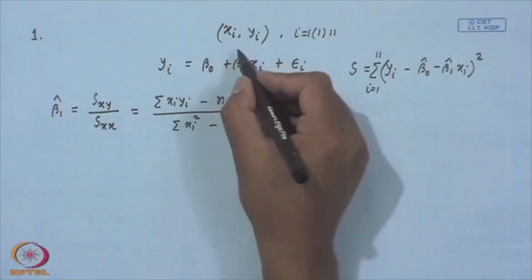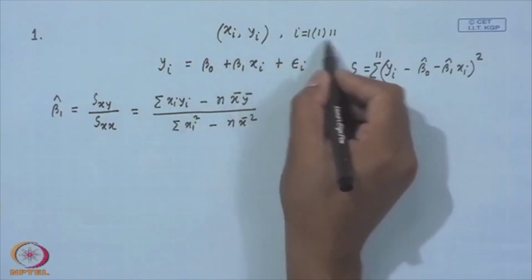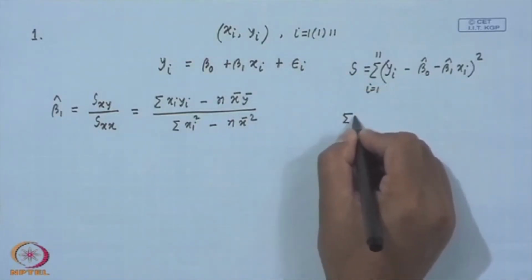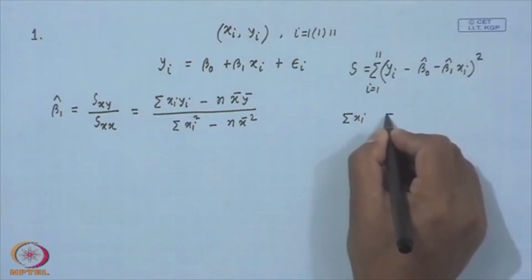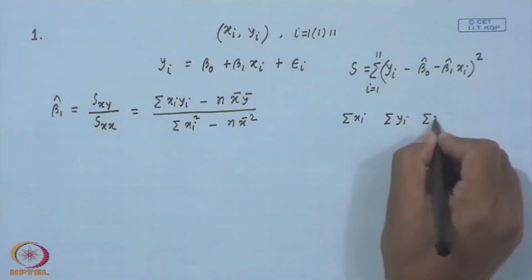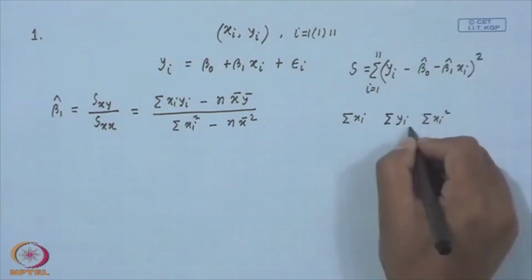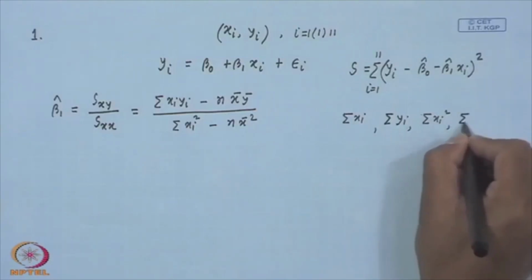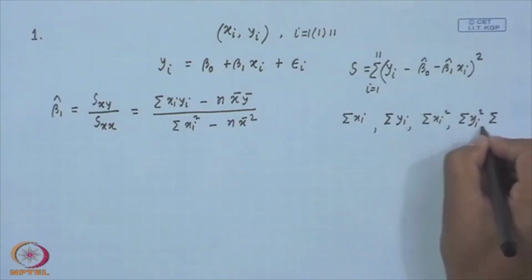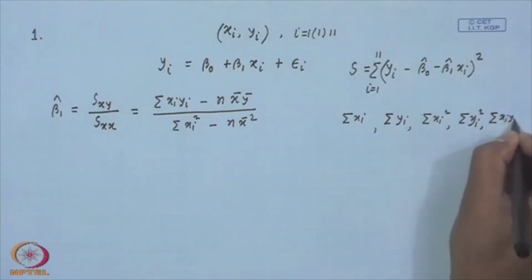Okay. So, you are given x I, y I for I equal to 1 to n. The best thing is that you compute the sum over x I, summation y I, summation x I square, summation y I square and also the product x I y I, then you are done.